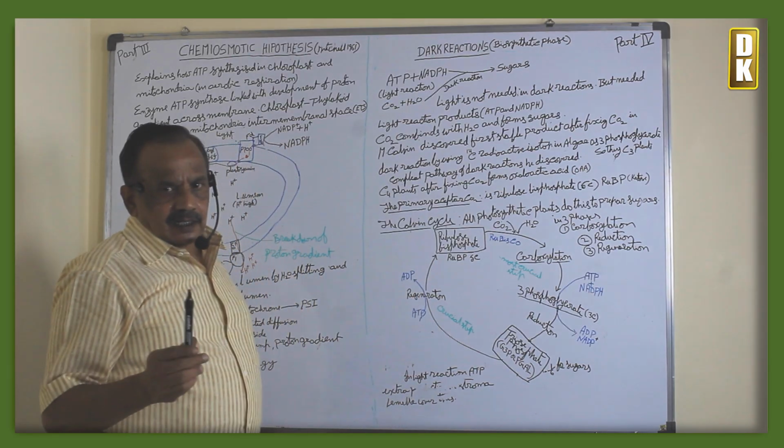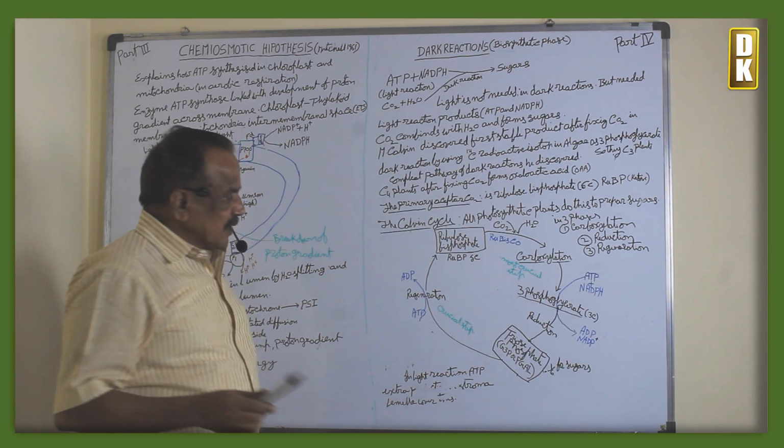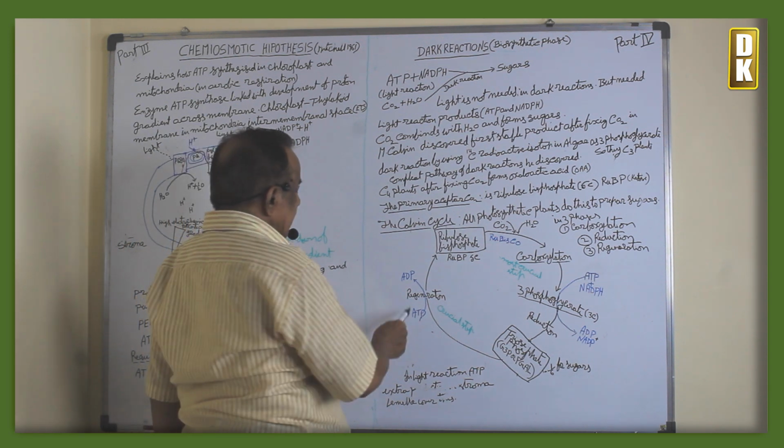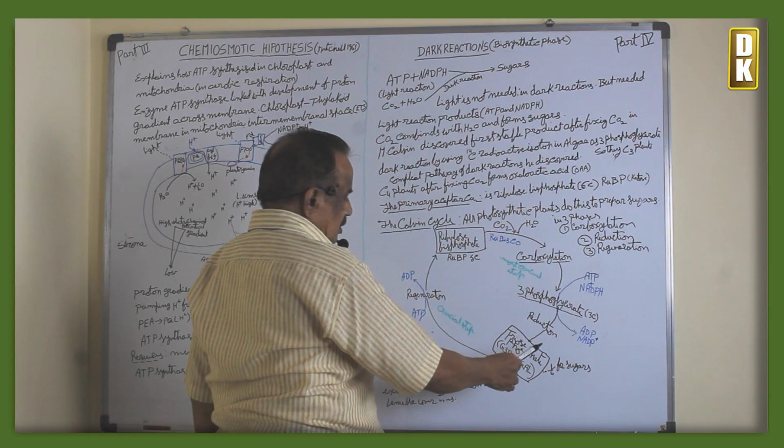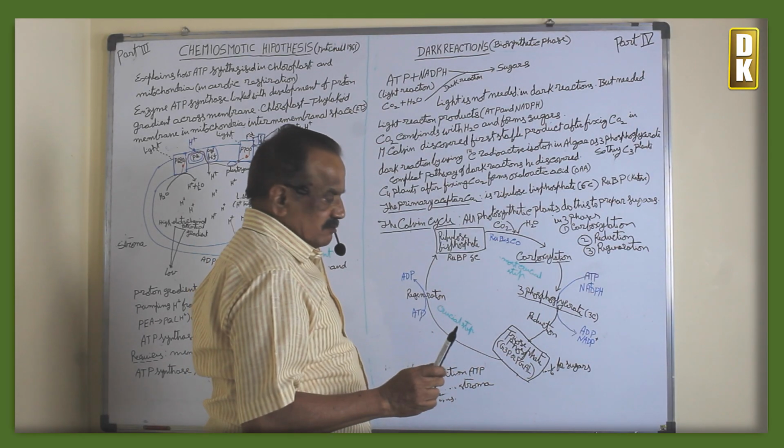This he has given in the textbook, but you may get the doubt why the ATP is required. Here 1/6 has gone out, then what happens?